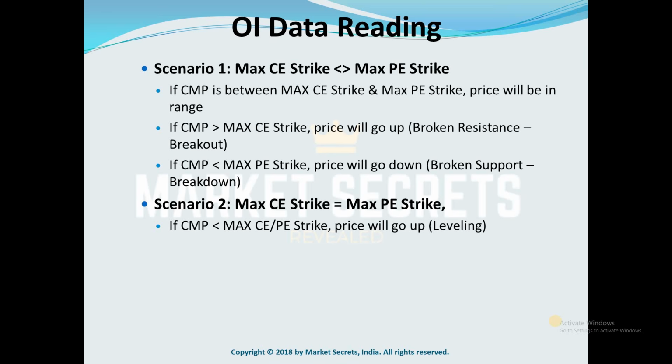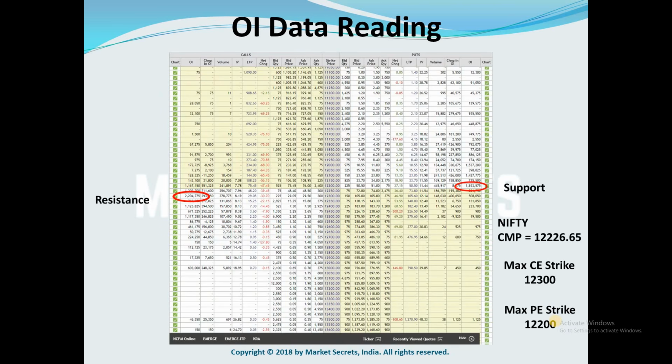Remember, we assumed max CE strike is exactly the same as max PE strike. If both are at 12,300 and the current market price is less than 12,300, then the price will come back to this level. So that is the inference.